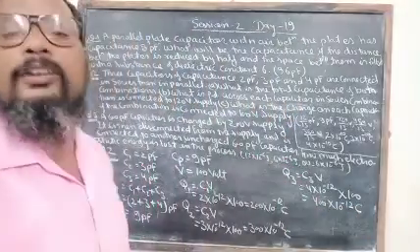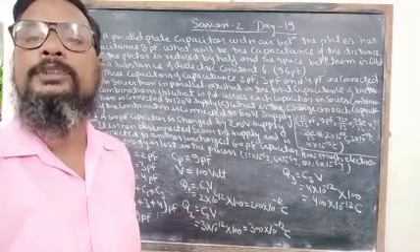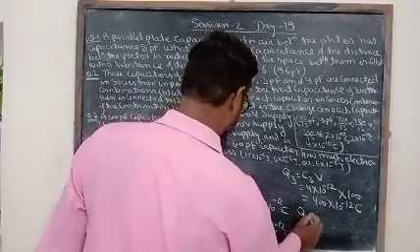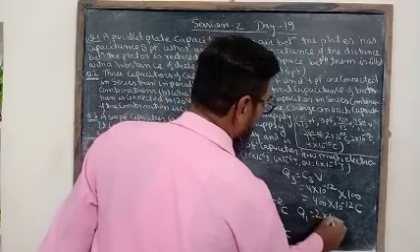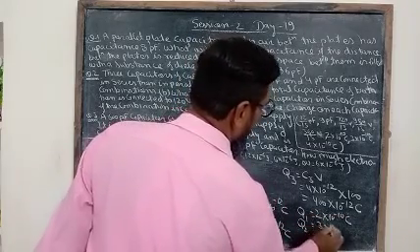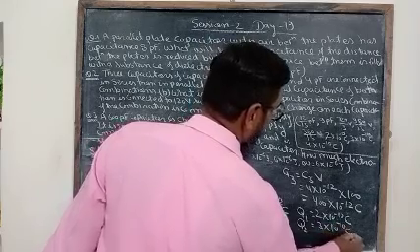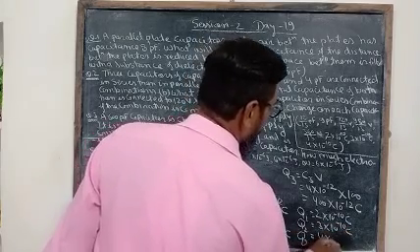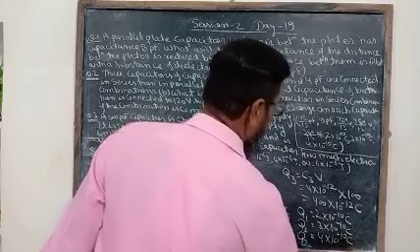So the answers for Q1, Q2 and Q3 are: Q1 is equal to 2 into 10 raised to the power minus 10 coulomb, Q2 is equal to 3 into 10 raised to the power minus 10 coulomb, and Q3 is equal to 4 into 10 raised to the power minus 10 coulomb.